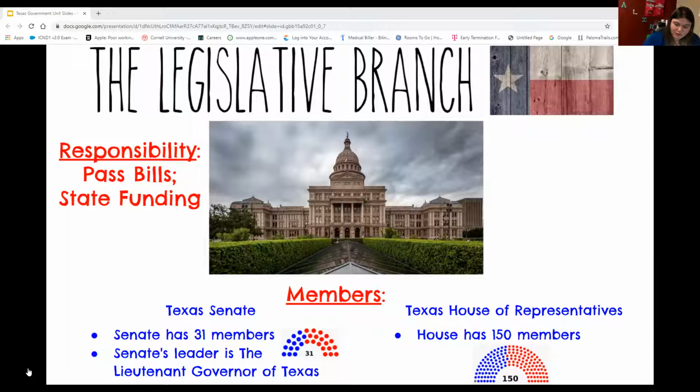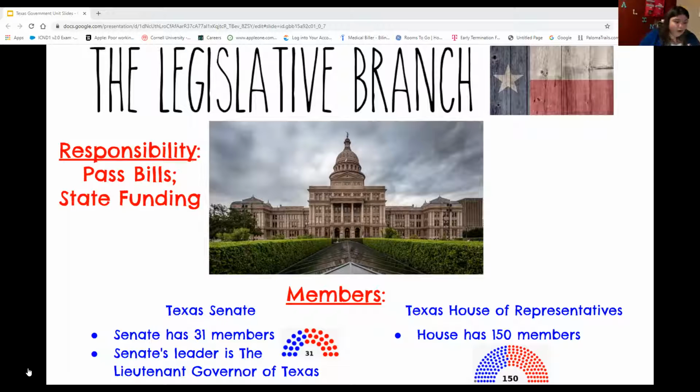What I would like to do is use a different color for my state. I'm choosing blue, and their responsibility is to pass bills, and then state funding. That is the legislative's job.